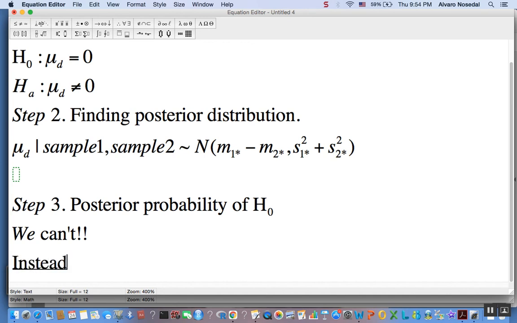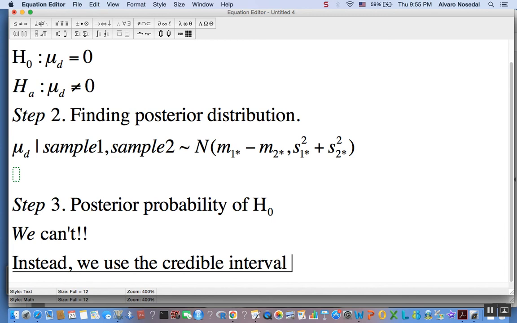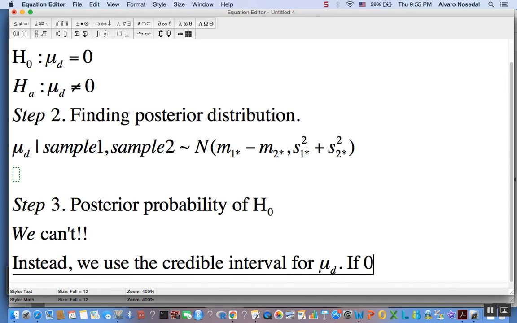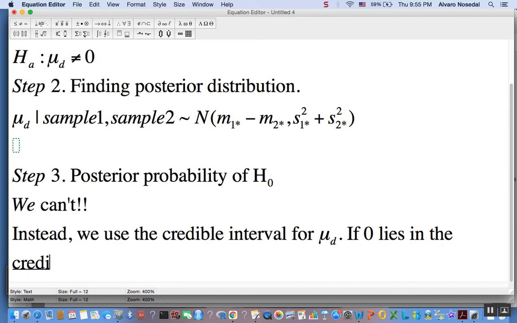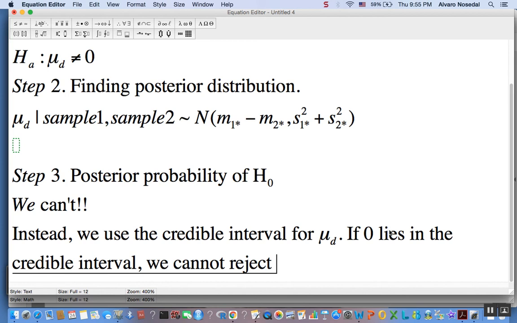So instead, we use the credible interval for mu d, and then if 0 lies in the credible interval, we cannot reject H naught.